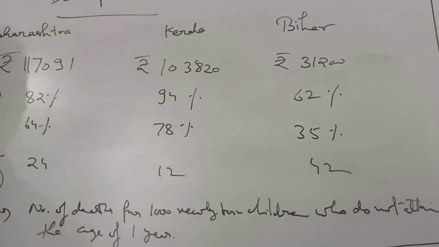That is, before celebrating their first birthday, they die. That is infant mortality rate. It is calculated per thousand newly born children, per thousand births. So that is IMR, and that classifies the development situations in these three states in our own country.